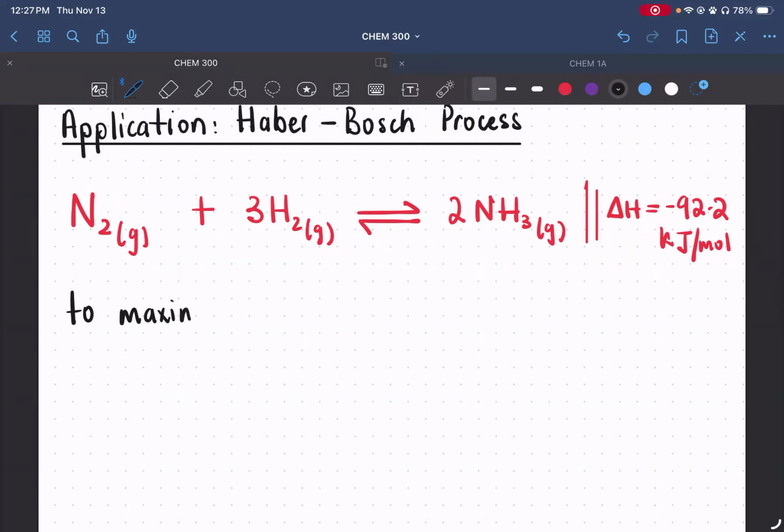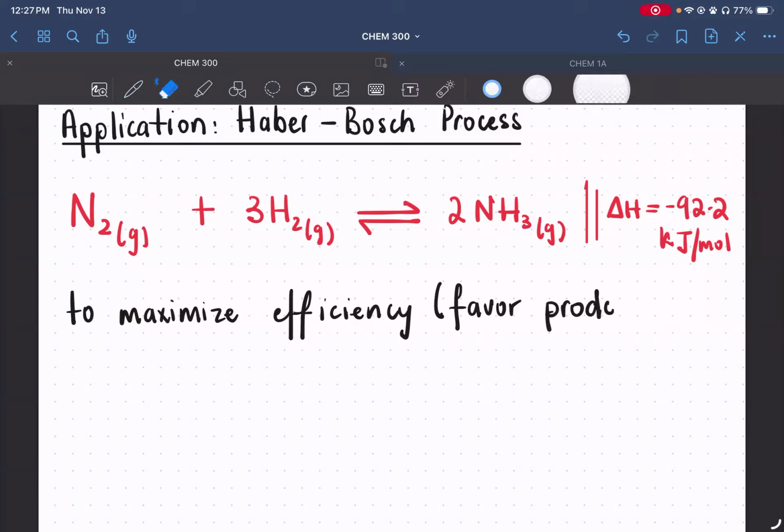So to maximize the efficiency of this reaction, when we say maximize efficiency, what that literally means is we want to favor the product side. And I'm just going to put an arrow to the right. I mean, think about it.